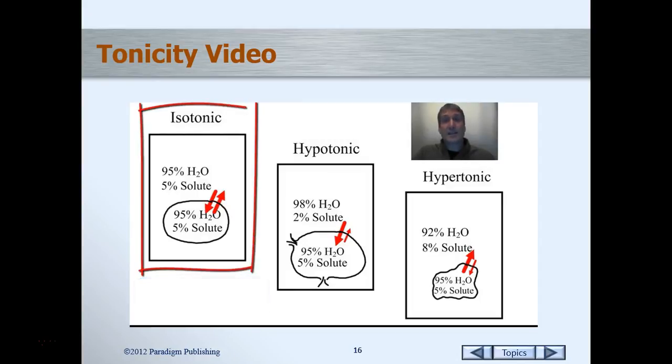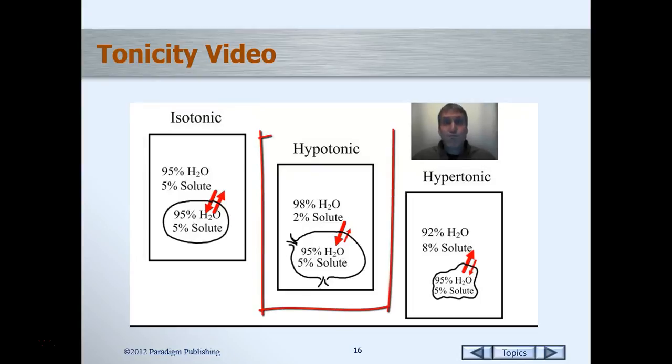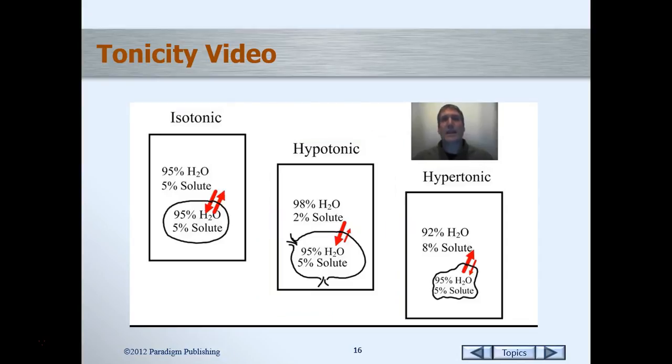If it's an isotonic solution, there's no concentration gradient and no net movement of water. A hypotonic solution, water will diffuse into the cell, causing the cell to expand, and a hypertonic solution, water will diffuse out of the cell, causing the cell to shrink. I hope that was helpful.